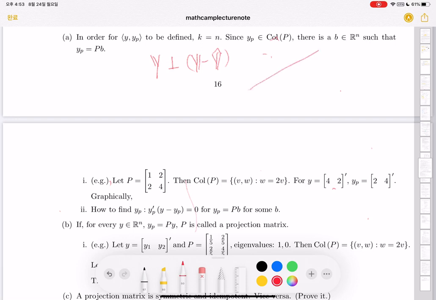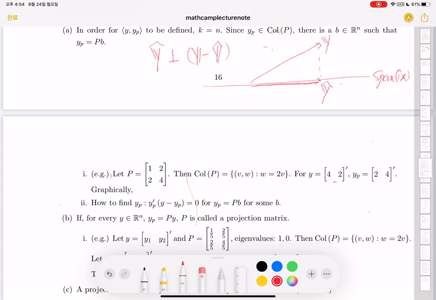So this is your y, and y is projected onto the space of iota and x, and this is your yp or y hat. So the projected value y hat is orthogonal to y minus y hat.